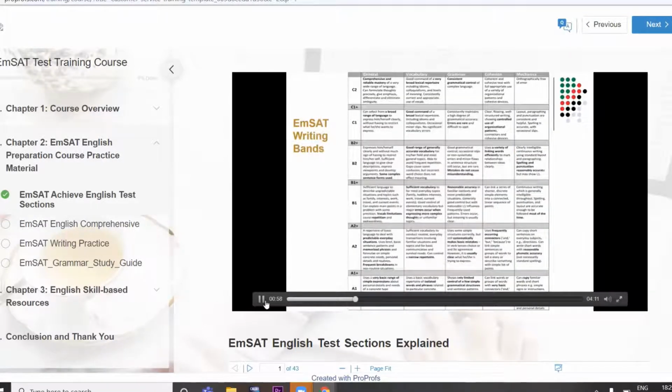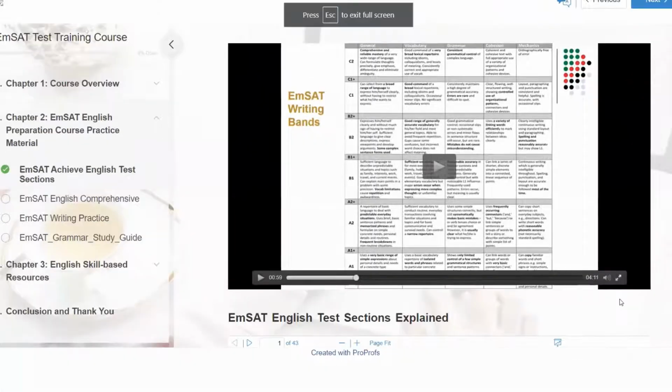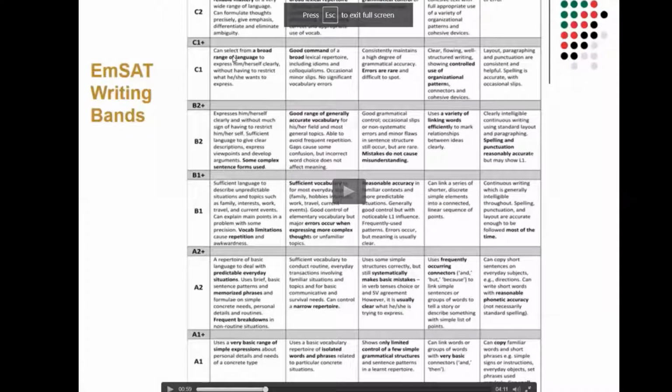Yes, I need to. What about writing? If you want to score C1 or C1 plus or over C2 for writing, that means you can select from a broad range of language to express yourself clearly without having to restrict what you want to express.